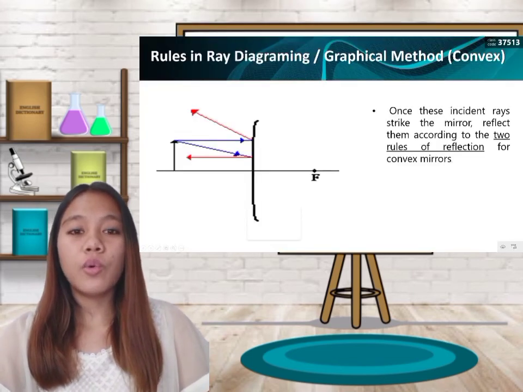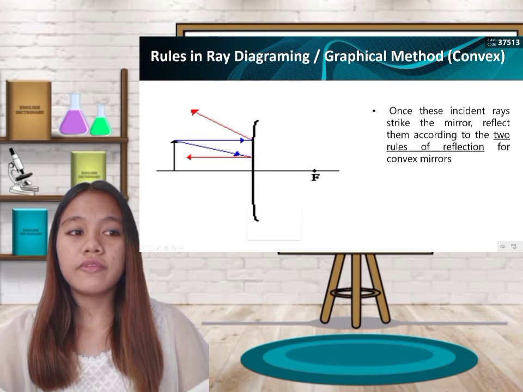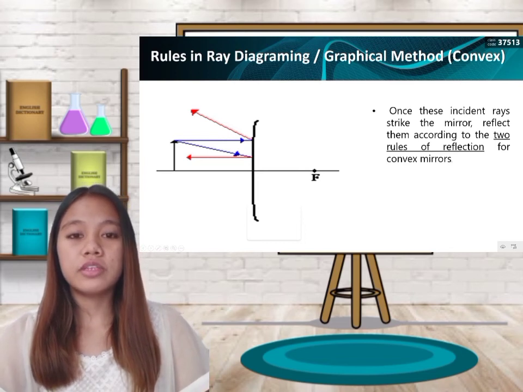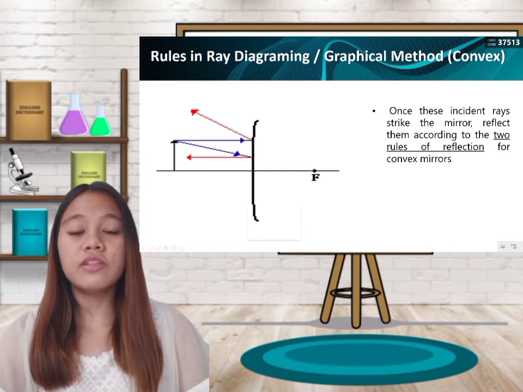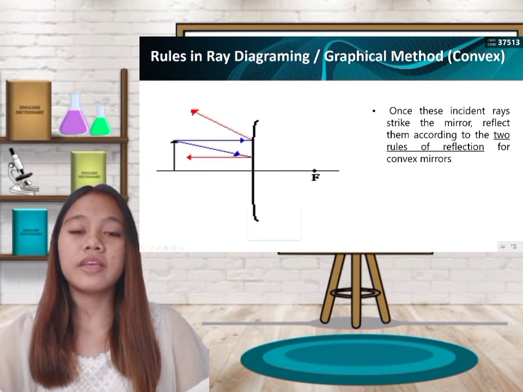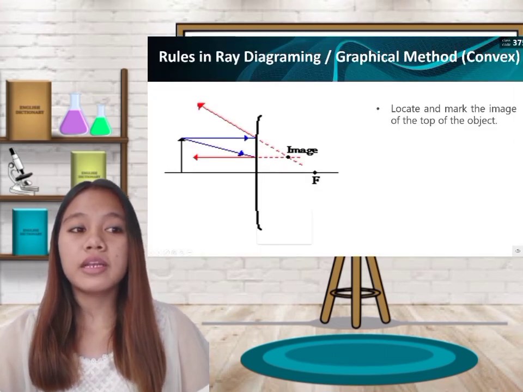Next, once these incident rays strike the mirror, reflect them according to the 2 rules of reflection for convex mirrors. So you can go back to what we have discussed regarding the reflected rays on FP rays and PF rays in convex mirrors. Next is to locate and mark the image of the top of the object.